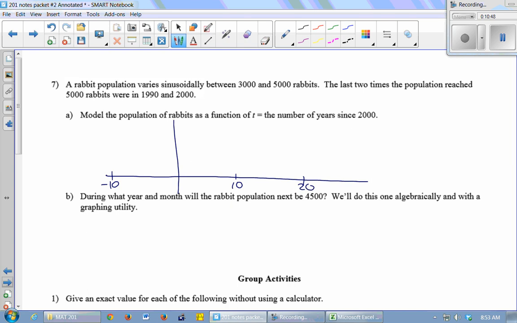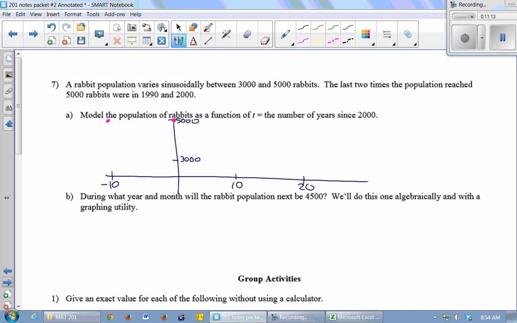There we go. So 1990, 5,000, 2000, 5,000. So if it's varying sinusoidally and it hits a max at 1990 and 2000, halfway between there, it should have hit a low.